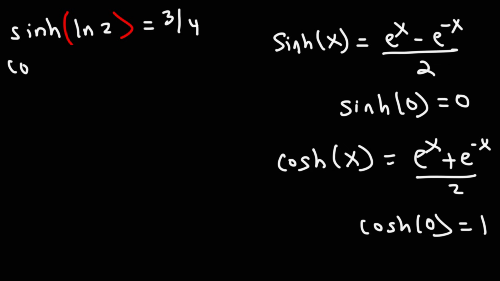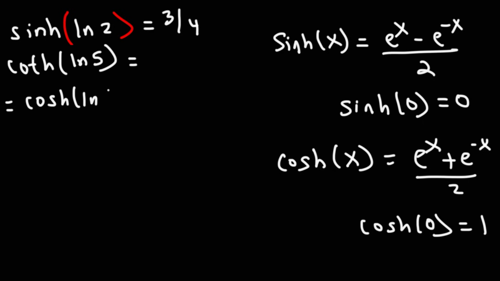Try this one. What is the value of hyperbolic cotangent of ln 5? So hyperbolic cotangent is hyperbolic cosine over hyperbolic sine.